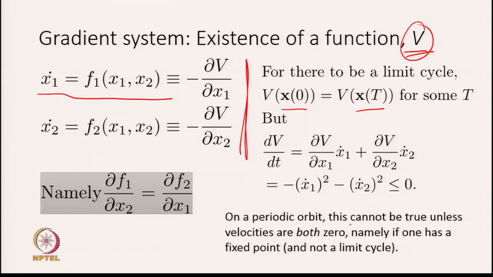So on a periodic orbit, this cannot be true unless both the velocities, that is this and this, are equal to 0. And if both these velocities are 0, we are already at a fixed point and it isn't a limit cycle. So this excludes a whole class of systems, all gradient systems, from having any limit cycles because of this condition.